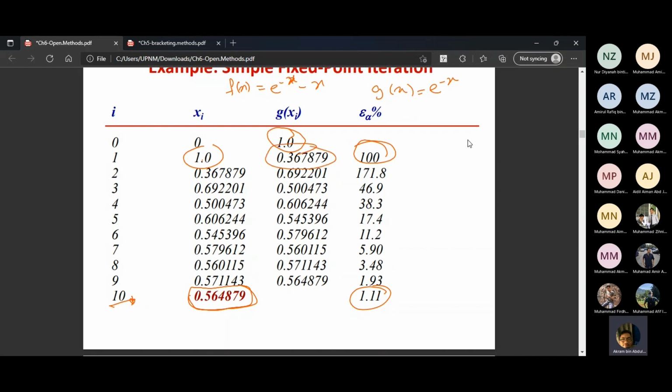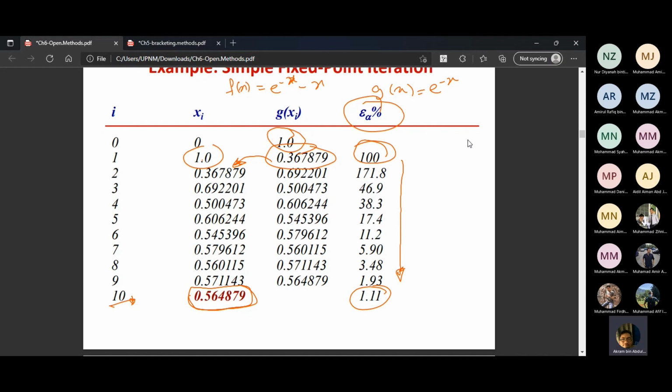Each time we iterate, the outcome of g(x) will be the value of x that we use for the next iteration. And if we calculate the relative percent approximate error, it shows us that the value of epsilon a is getting smaller.